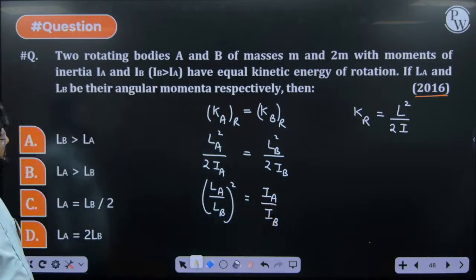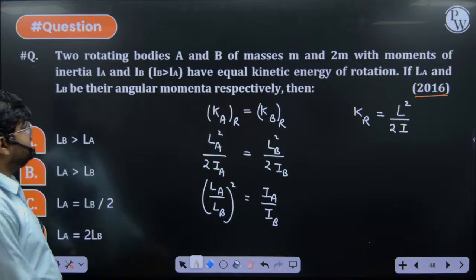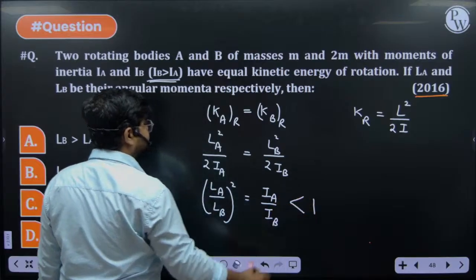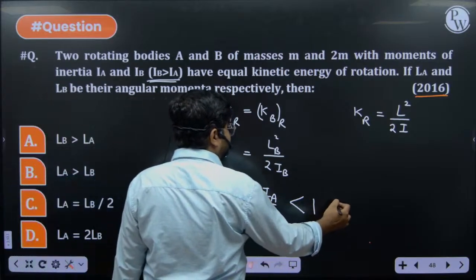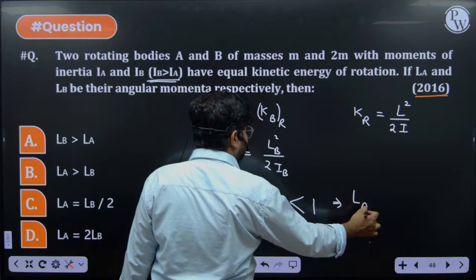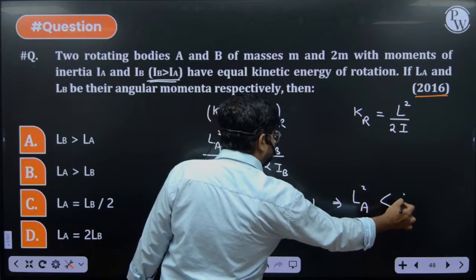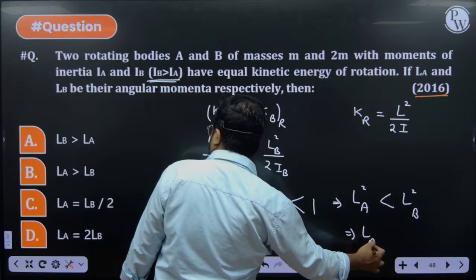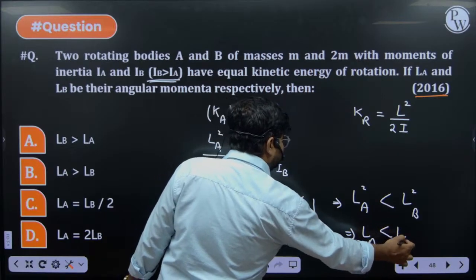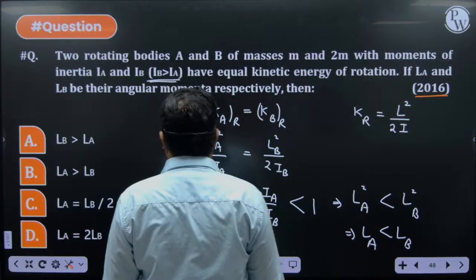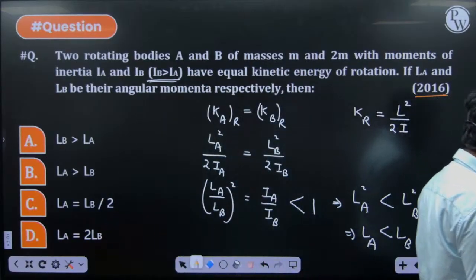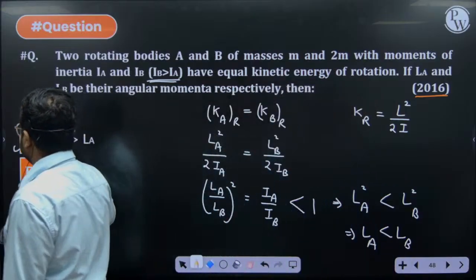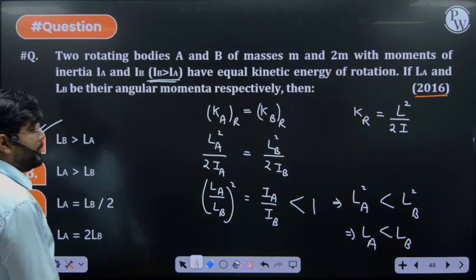Now it is given that IB is more than IA, so this is lesser than 1. So LA square is lesser than LB square, or LA is less than LB, or LB is greater than LA. So the correct option here comes out to be option A.